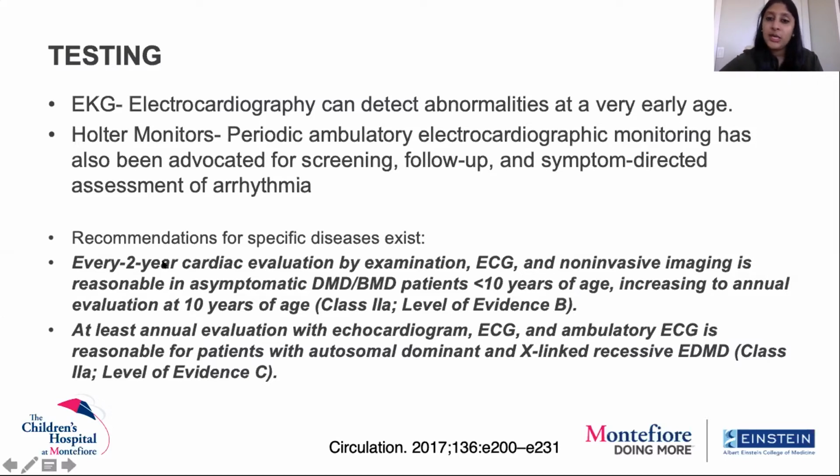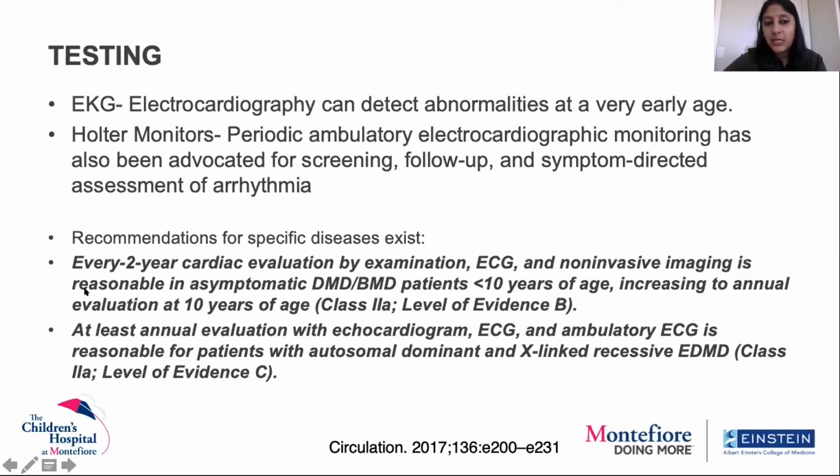So this is just an example over here of how the guidelines are phrased. So over here you can see that every 2-year cardiac evaluation by examination, EKG, and non-invasive imaging is reasonable in asymptomatic Duchenne or Becker muscular dystrophy patients who are less than 10 years of age, increasing to annual evaluation at 10 years of age.